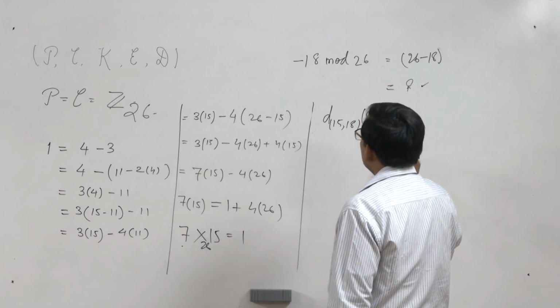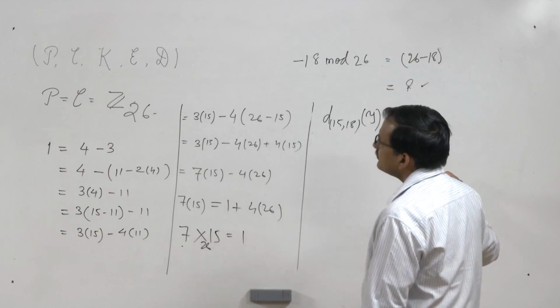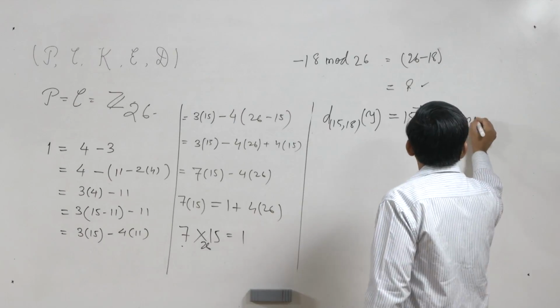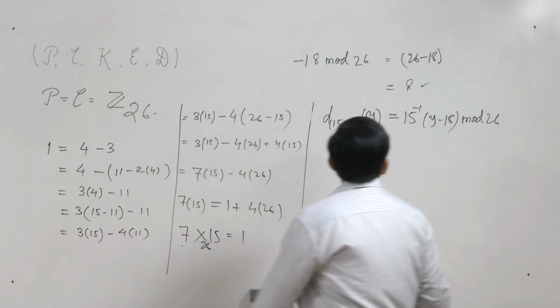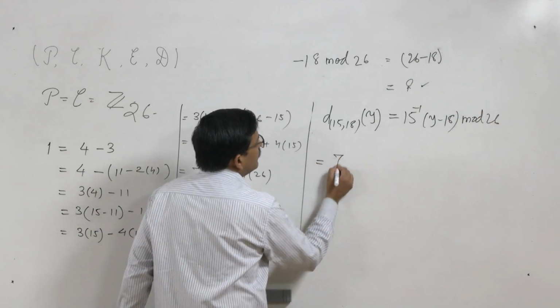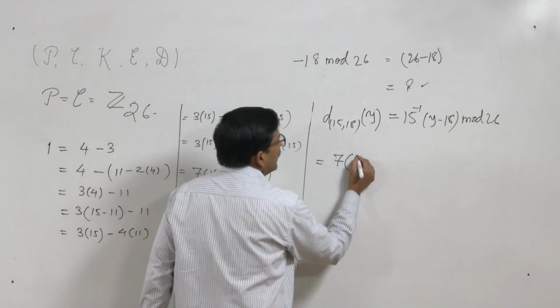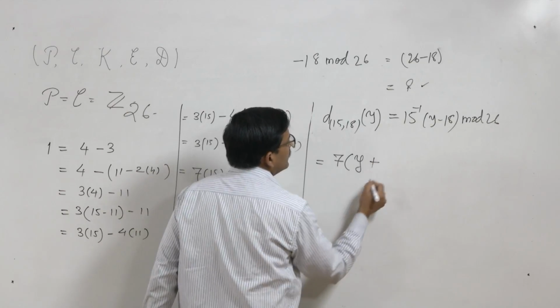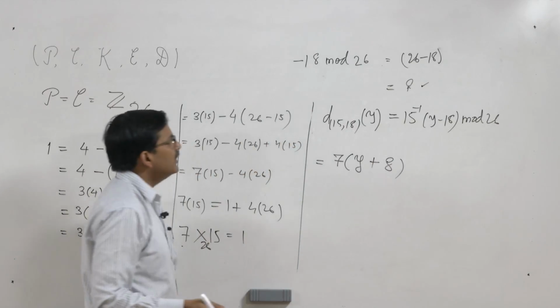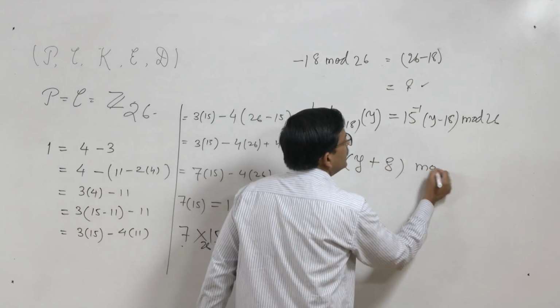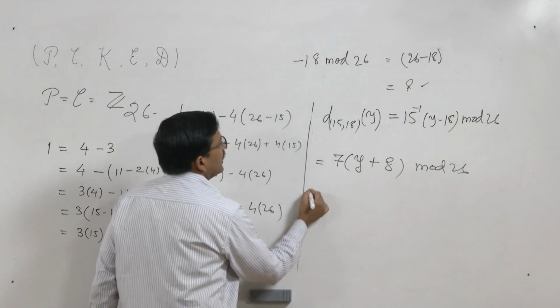I wrote that as 15 inverse times (y minus 18) mod 26. Now, here I replace 15 inverse by 7, and then y, and I am replacing minus 18 by 8, and so I will have this mod 26.